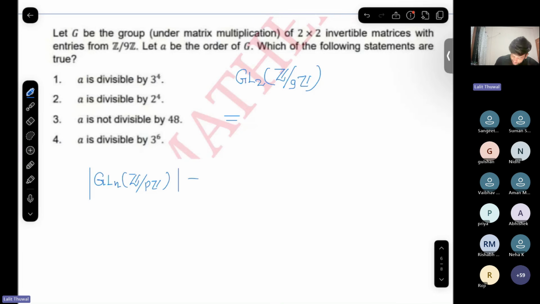And how it comes, you also know that it is the product of p to the power n minus p to the power i, where i goes from 0 to n minus 1. Sometimes you can think that this is also true for this, but this is not.